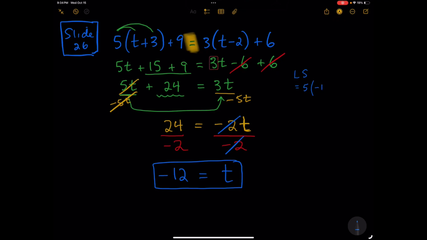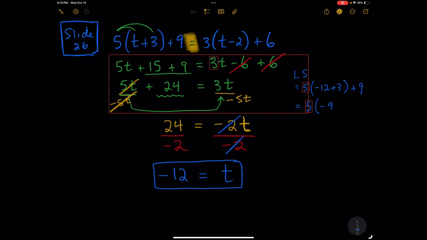So this is going to be negative 12 plus 3 plus 9. Okay, I'm going to do brackets first. So 5 times negative 12 plus 3, that's negative 9, plus 9. And that's 5 times negative 9 is negative 45 plus 9.